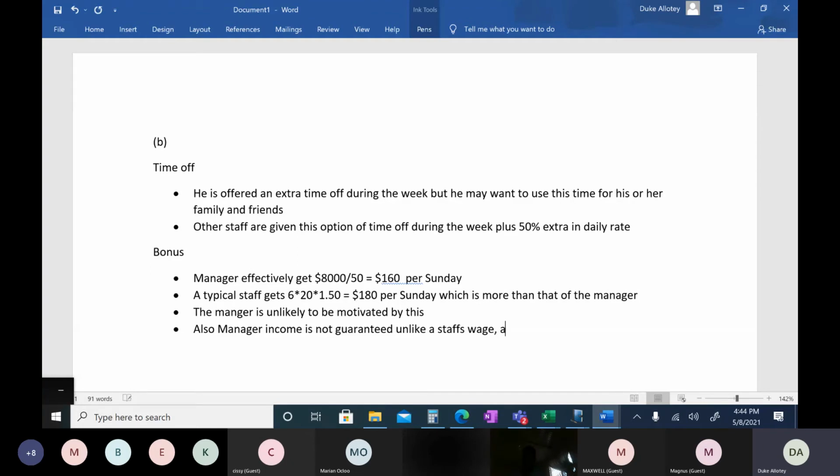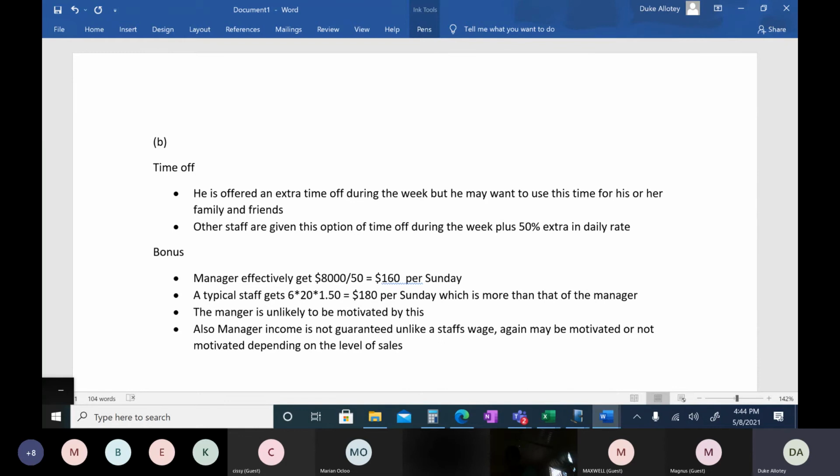So again, maybe motivated or not, depending on the level of sales. The sales could be more.